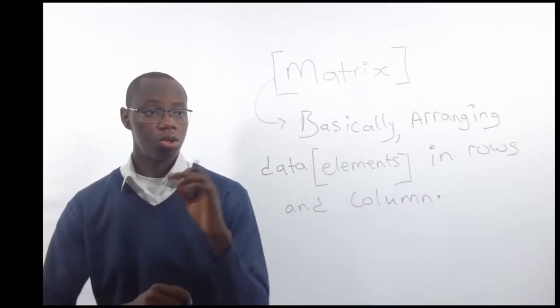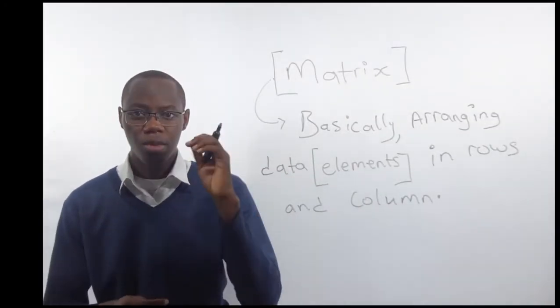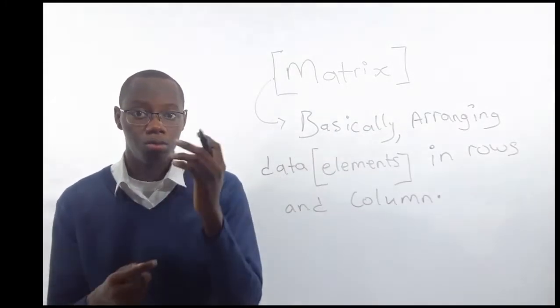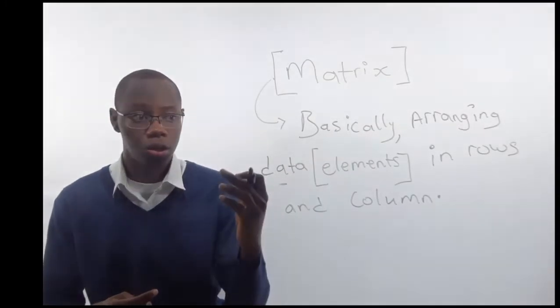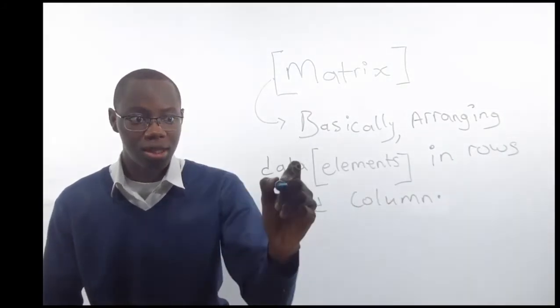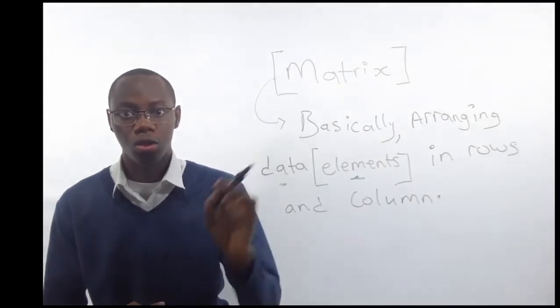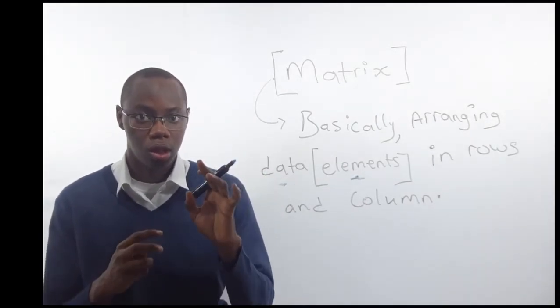What does this mean? This means that a matrix is a systematic arrangement of your data or information. The data or the information are called elements in a matrix. Now, all this will make sense to you in a bit.